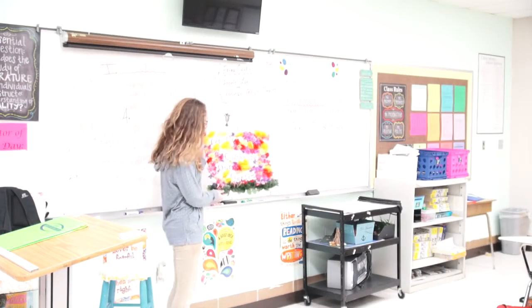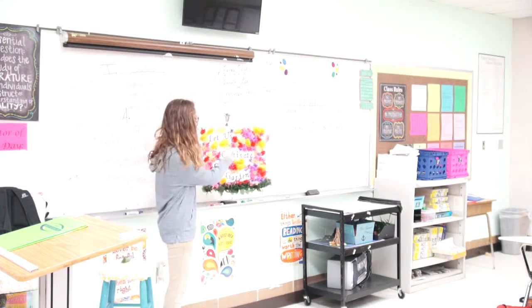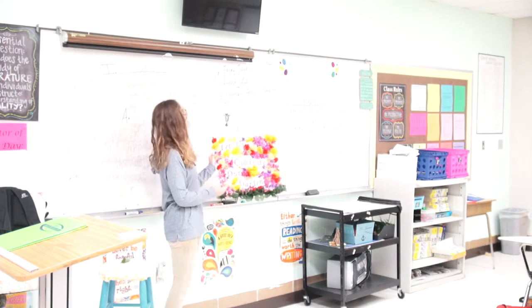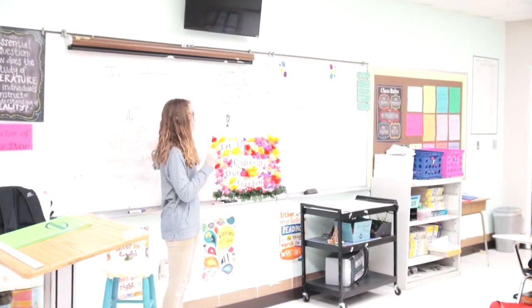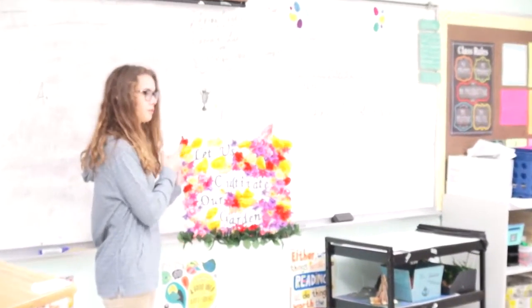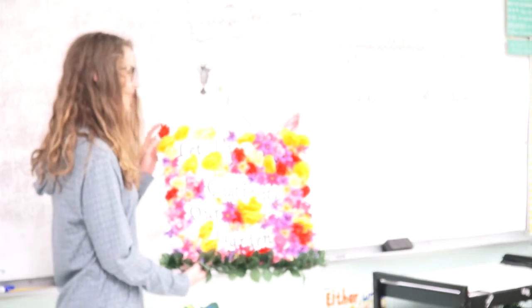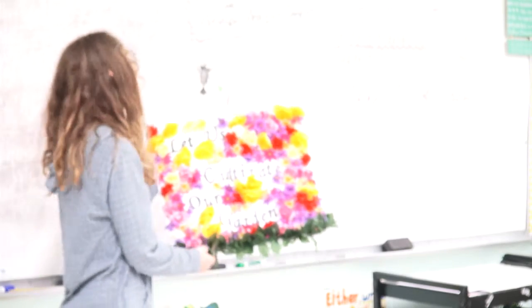Okay, so here's my board. It says let us cultivate our garden. So I glued a bunch of flowers on it, and the colors represent characters. I did yellow for Pangloss because yellow is a happy color, and Pangloss was always happy. I did red for the Marquise because red's kind of a romantic color, and you know, things happened in that book. I did pink for Candide because that's an innocent but still romantic color, and it's a rose, and roses are kind of the symbol.